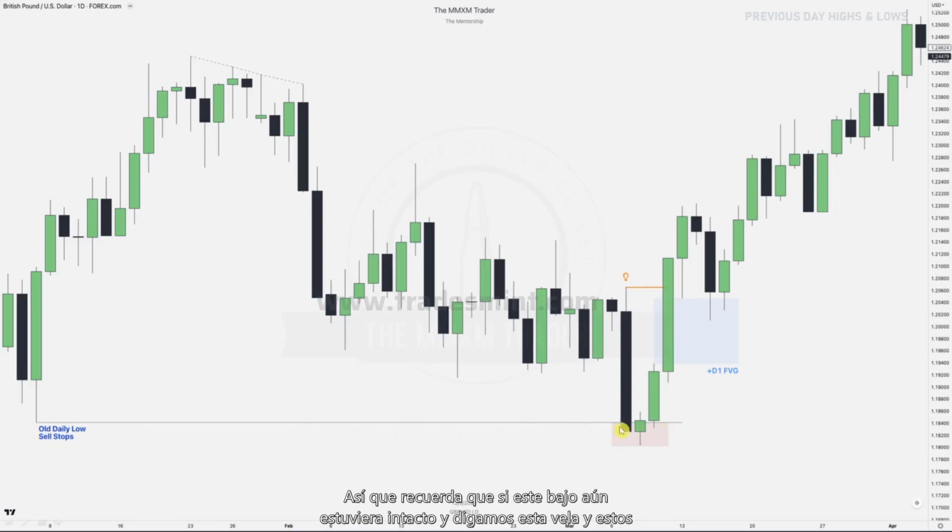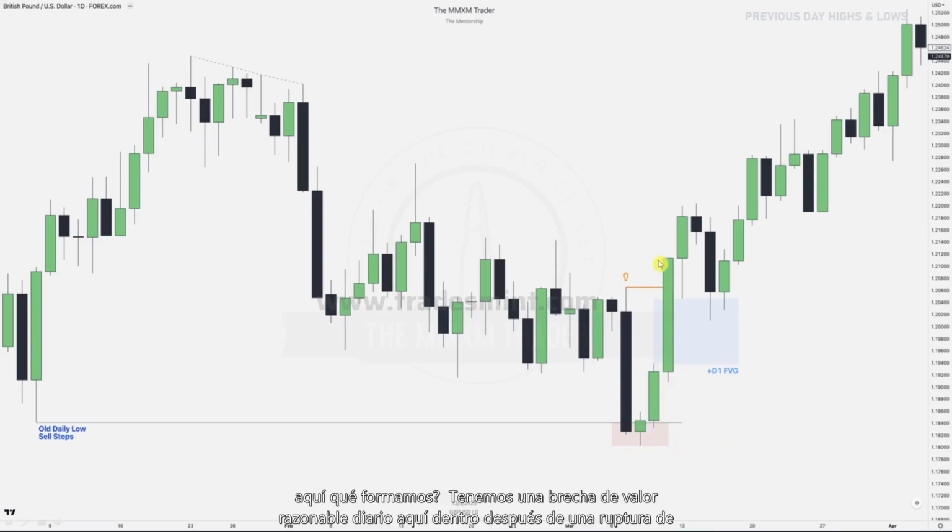So remember that if this low was still intact, you would still have to think about this low being raided again, and then if we take out this high, we might just have a high resistance liquidity run. So this is important, this low getting raided before we break this structure, so we know there are no orders left on the sell side to return back into.